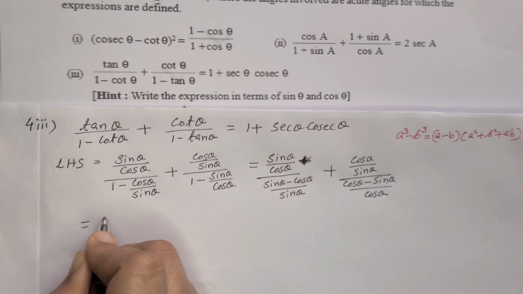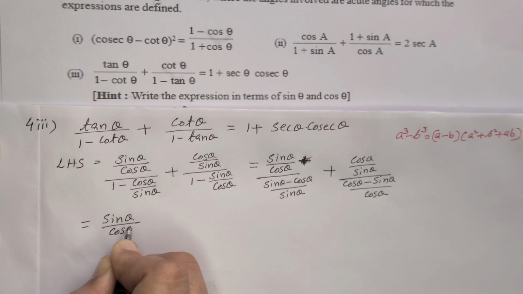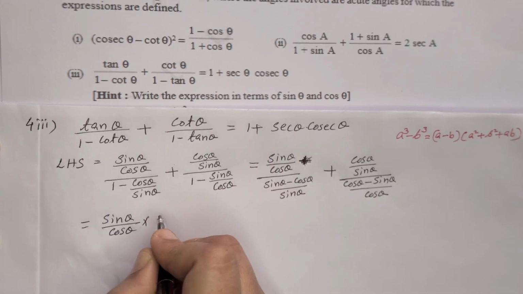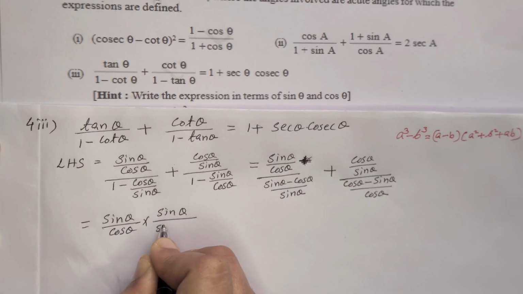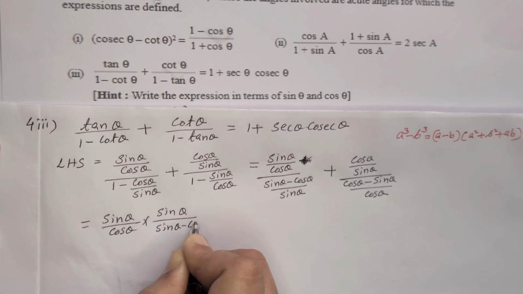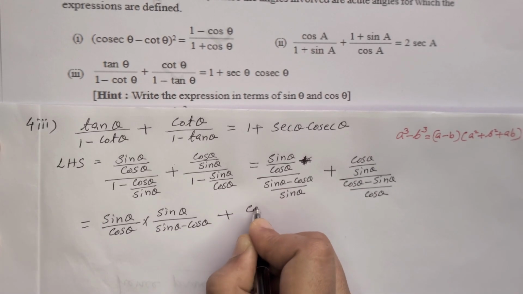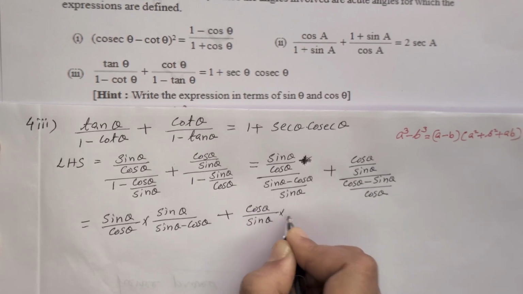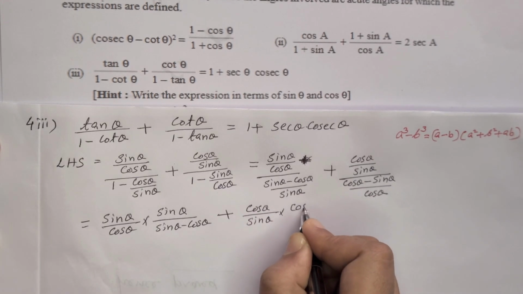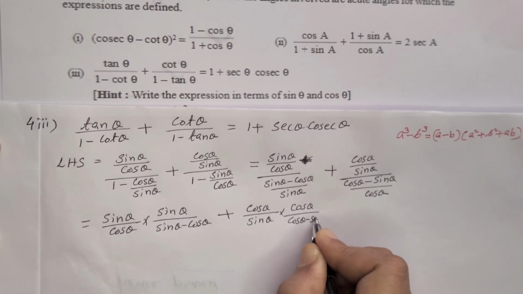So which is equal to sin θ by cos θ into sin θ by (sin θ − cos θ), plus the second term cos θ by sin θ into cos θ by (cos θ − sin θ).